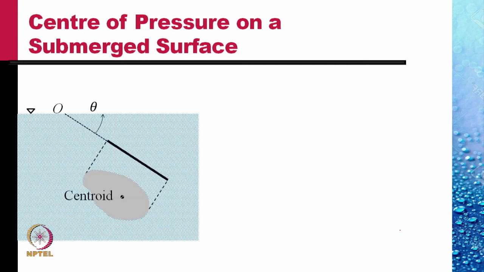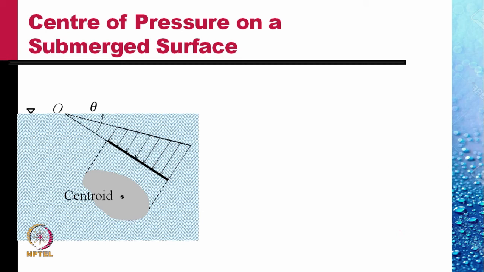Let us next consider the center of pressure on a submerged surface. For this, we will deal only with plane surfaces, flat surfaces. Let's consider an inclined surface at an angle theta as shown. The gray area shows the plane form of that surface. There are pressure forces acting on the surface.